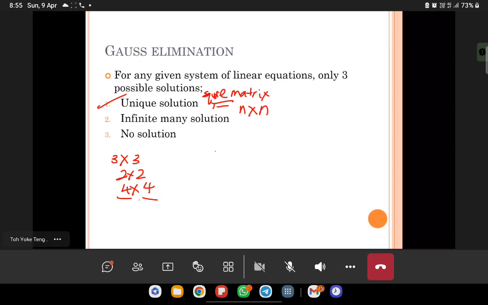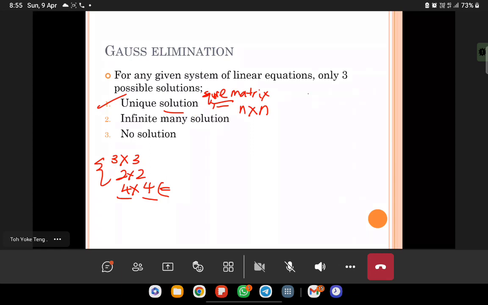If you use the latest version of the calculator, you are able to solve up to 4 variables. If you use the silver one or the old version, you are only able to solve up to 3 dimensions. In our syllabus, you only consider the unique solution.